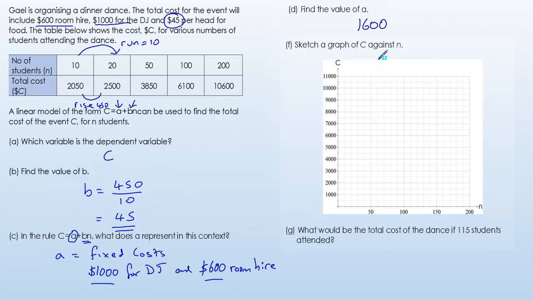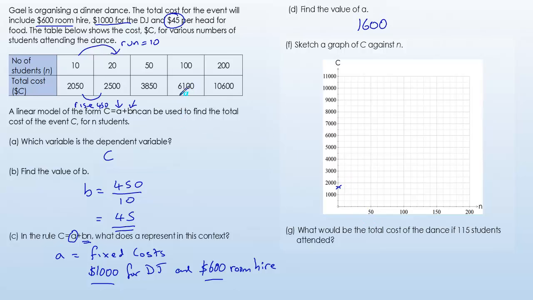So we now want a graph of C against n, and here we can use the figures from the table. Now clearly on this scale we can't do it ultra accurately. We don't have a fine enough scale. But the intercept here is 1,600, so I'll put that just above 1,500, which I can see.